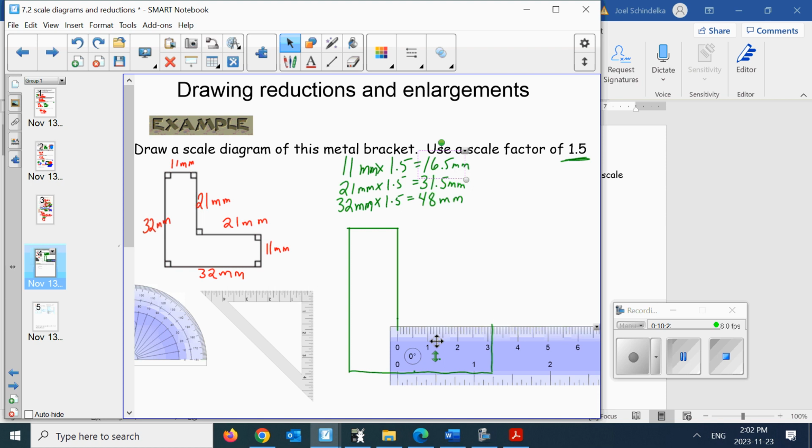Mine isn't perfect because I'm not getting straight lines, because I can't press against my ruler. So that's fairly close. There's my scale diagram, and it is 1.5 times bigger.